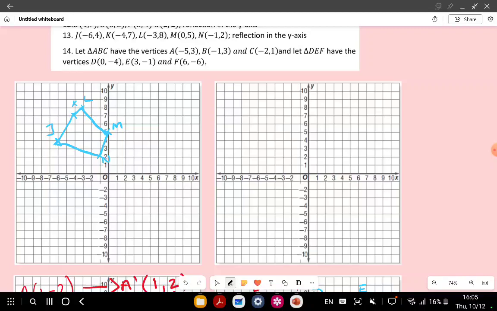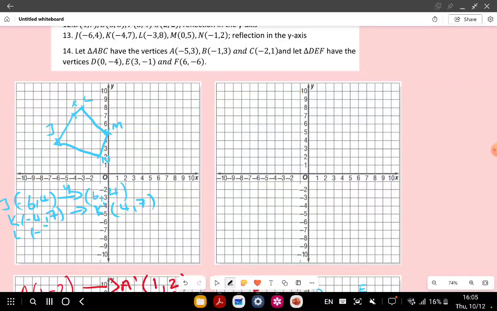Next up, we are going to reflect about the y-axis. So if we were to do our coordinates, negative 6, 4, which is J, becomes, since we're doing y-axis, we change x, positive 6, 4. K, negative 4, 7, becomes K1, positive 4, 7.